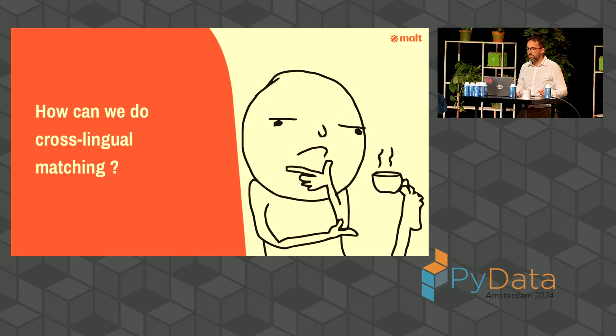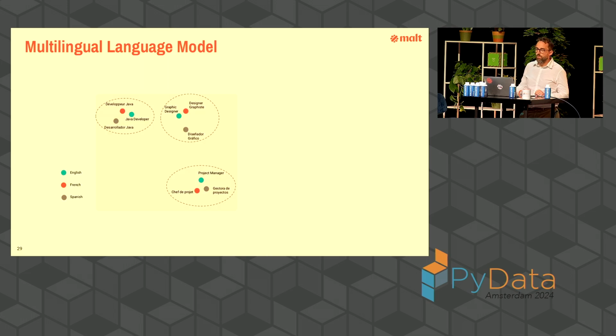The answer is that a multilingual language model is probably what we need, because there are two properties in these models that are interesting for us. The first one, which I already talked about, is that the latent space is going to be organized, so similar things should be close to each other, and things that are different should be far away from each other. The other property we want is alignment between the languages.